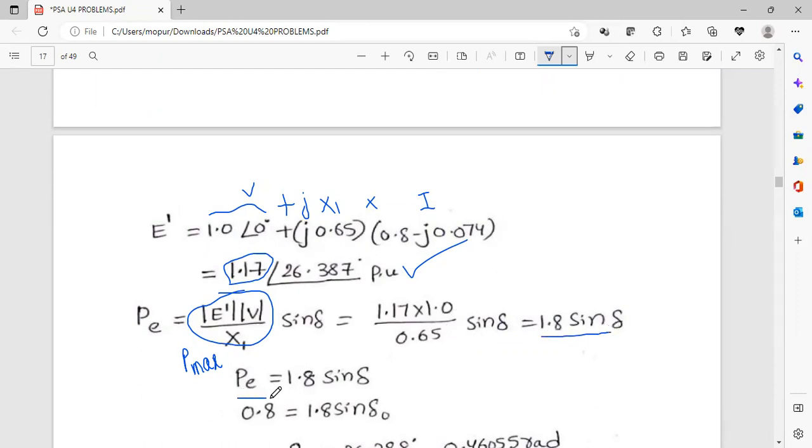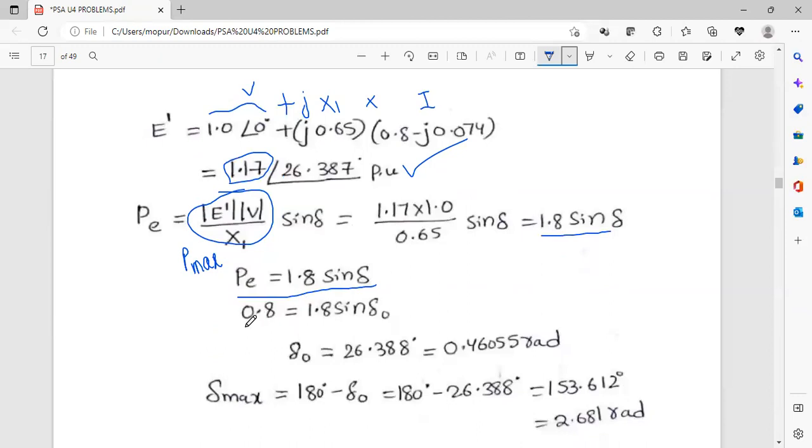Now they had given the real power as 0.8, so you equate this to 0.8 and find the value of del naught. Del naught is equal to sine inverse of 0.8 by 1.8, which you will get as 26.388 degrees. In radian mode, that is 0.46055 radians. Now this is del naught.